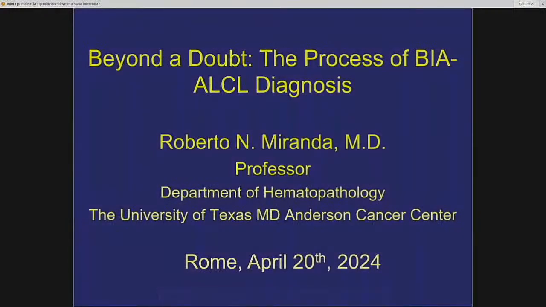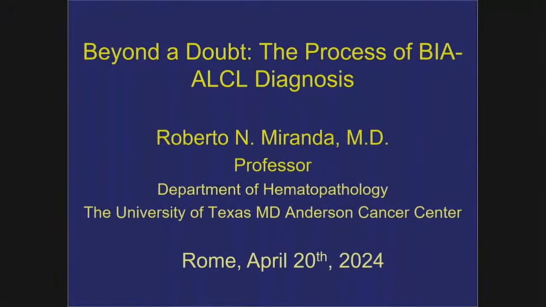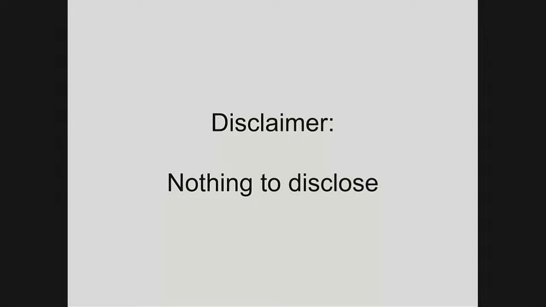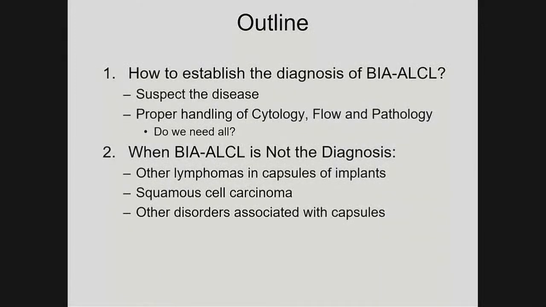I'm going to talk about the process of breast implant-associated ALCL. I'm going to talk first about how to establish the diagnosis of breast implant ALCL, which starts with suspicion of the disease, and then how we do the handling of cytology, flow cytometry, and pathology, and then discuss if we really need all those testings.